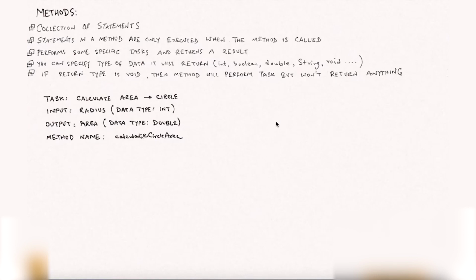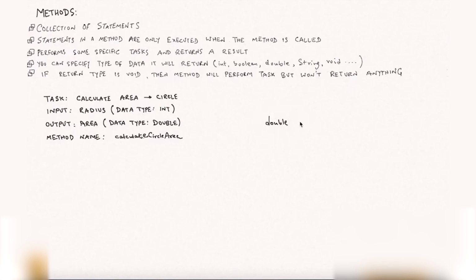So how would the code look like? At the very beginning, we specify the output type of our method. The output type here is double, right? So we would say double at first. This will be the starting of our method code. So we'll say what the return type is at first.